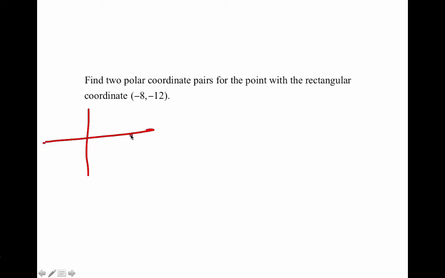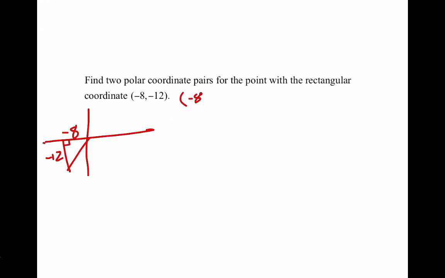Again, I'm going to go 8 left and 12 down, and I know I'm in quadrant 3, so I'm going to use the Pythagorean theorem and do 8 squared and 12 squared, and I get the square root of 208, whatever that is.